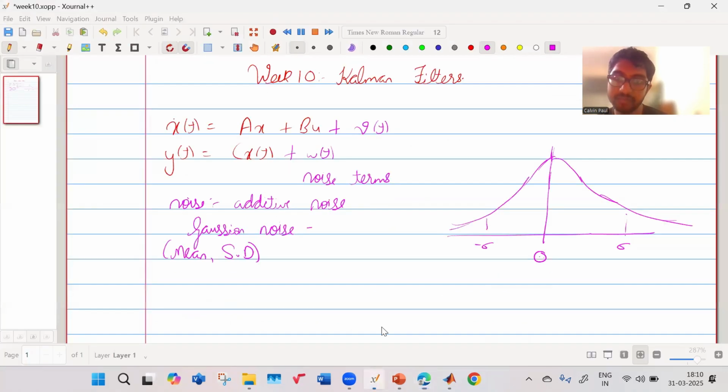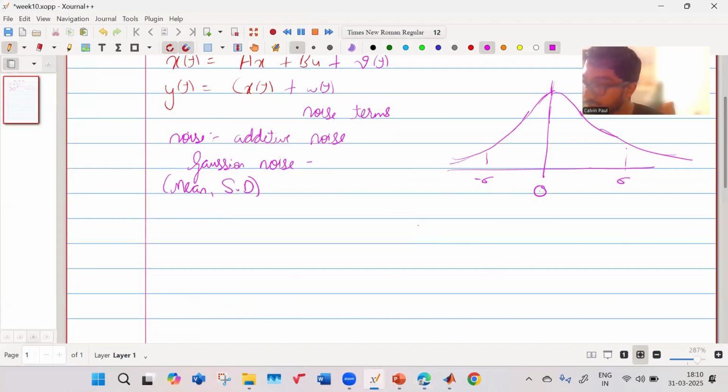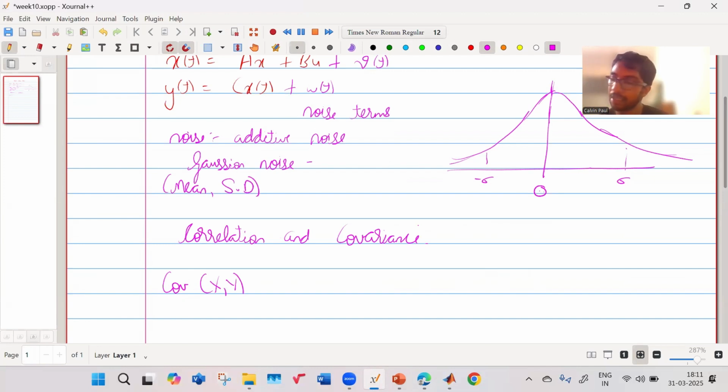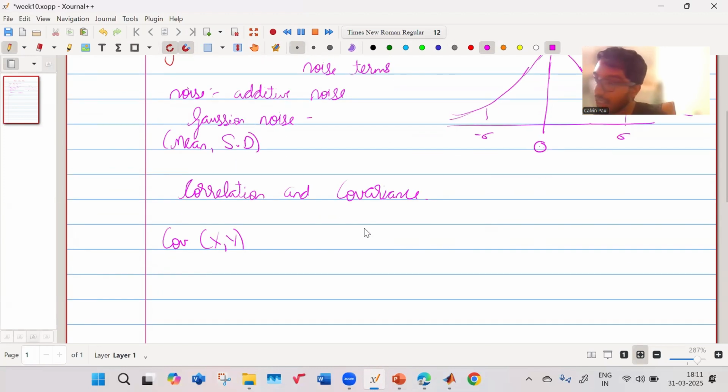There's another thing which is known as correlation and covariance. So what is covariance of x comma y? It is something which will tell you how change in x is affected by changes in y and vice versa.